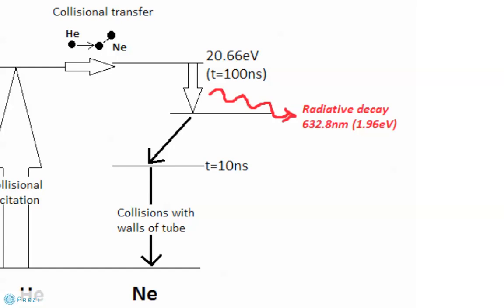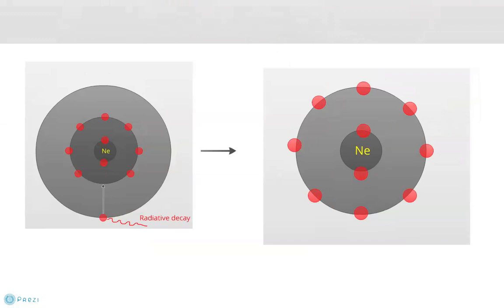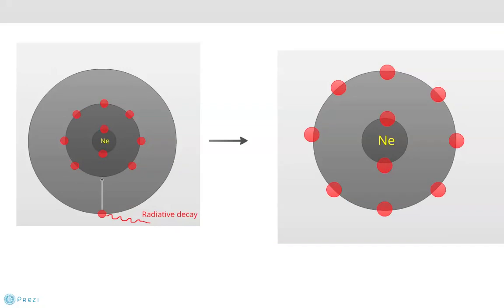The order of magnitude difference in the relaxation times of the metastable state and this state is crucial for achieving a population inversion, whereby the number of atoms in the excited state far exceeds those in the lower energy states. The remaining energy is dissipated due to collisions of the constituent atoms with the walls of the glass envelope. This is made evident by the fact that the neon atoms have decayed to the ground state.